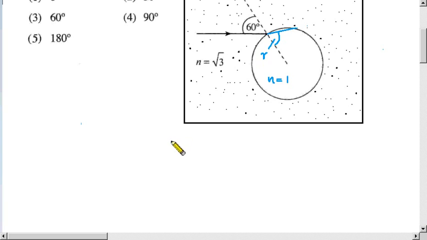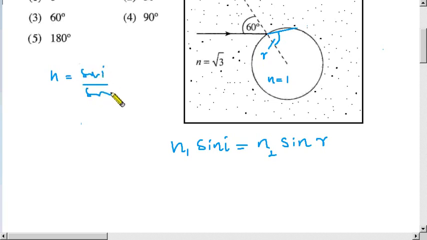So let us write here, instead of that previous equation, the Snell equation now: n1 sin i equals n2 sin r, because otherwise you will get confused if you used the previous one, n equals sin i divided by sin r, because here you have to substitute 1 over n instead of that. Therefore I use this one.